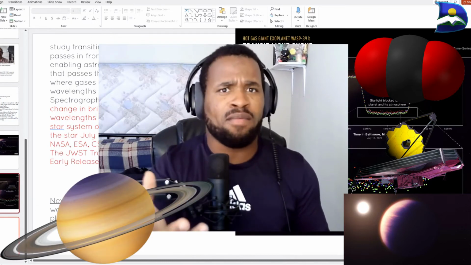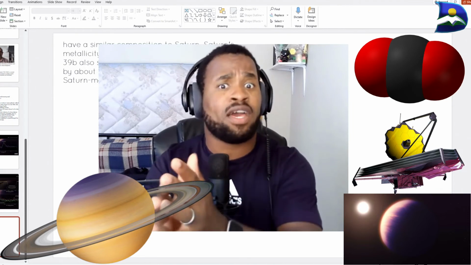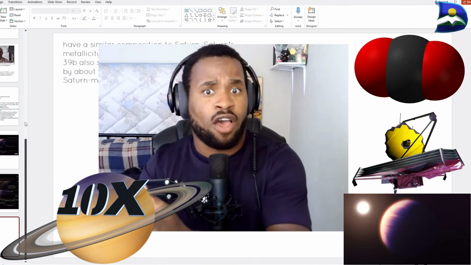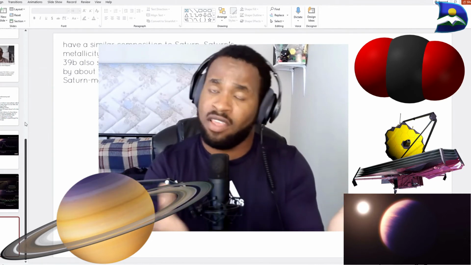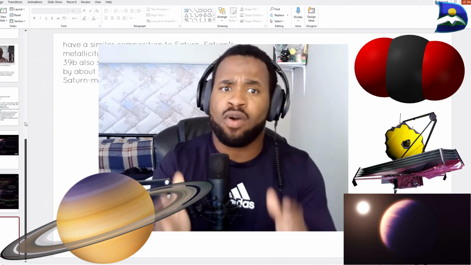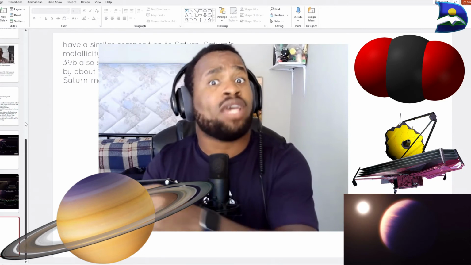Another thing that this particular article addresses is the similarities with that of Saturn. Saturn's metallicity is 10 times that of its sun, and this particular planet here, exoplanet 39b, also has the same amount of heavy elements, about 10 times relative to its sun.